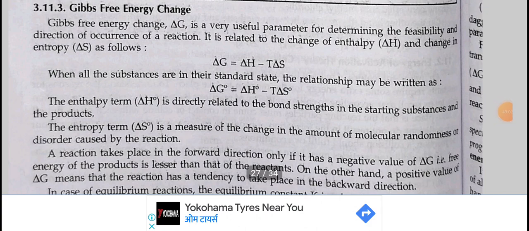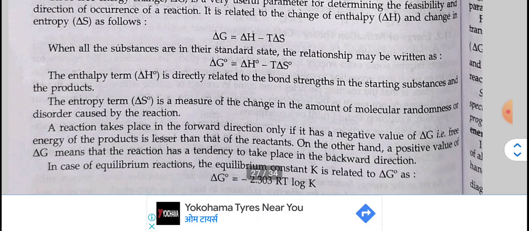Gibbs free energy change. Gibbs free energy change, delta G, is a very useful parameter for determining the feasibility and direction of occurrence of a reaction. It is related to change of enthalpy and change in entropy. Entropy means randomness, as follows: delta G equals delta H minus T delta S. When all the substances are in standard state, the relationship may be written as delta G naught equals delta H naught minus T delta S naught. The enthalpy term, delta H naught, is directly related to bond strength in the starting substances and the products.